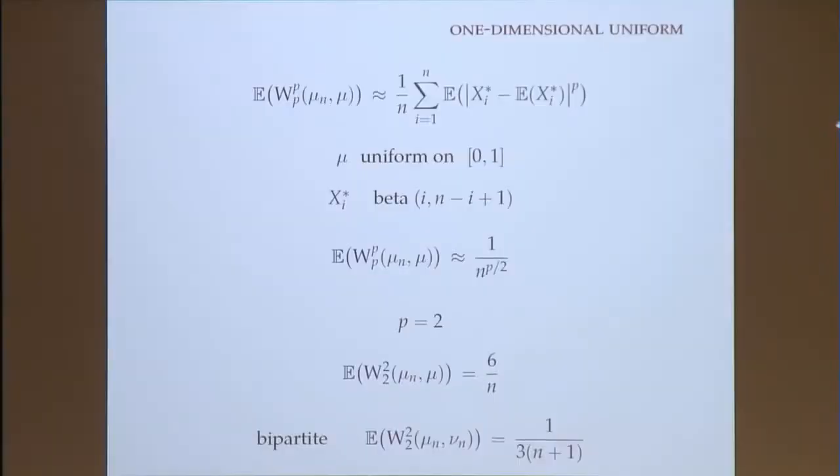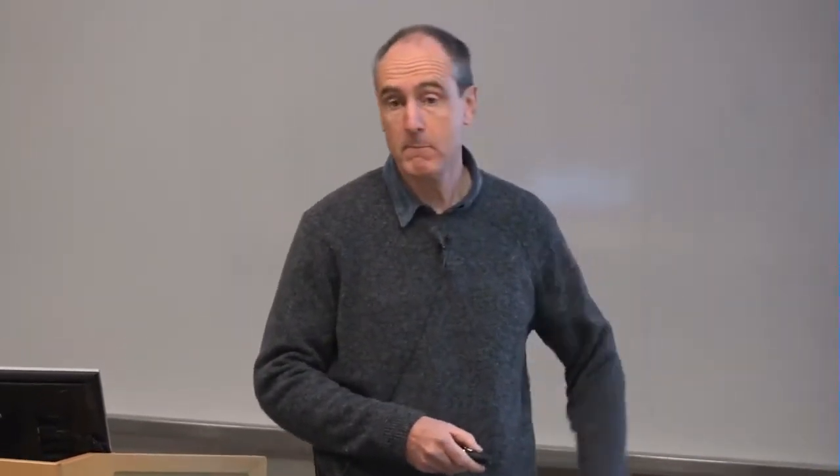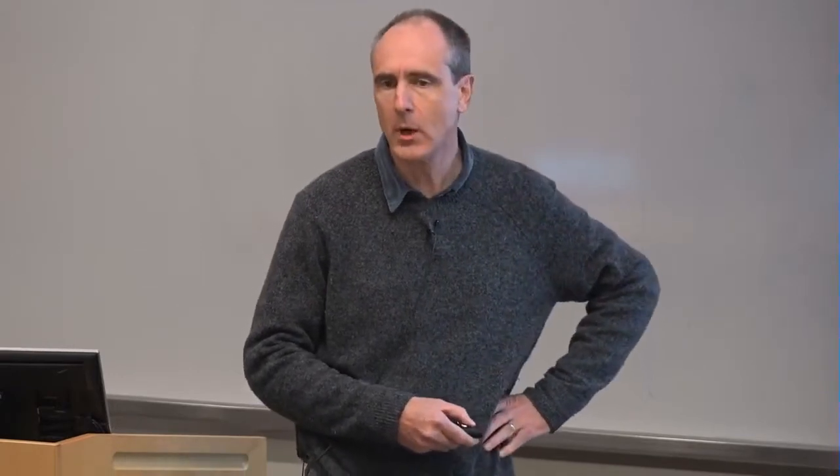When p is equal to 2, you can actually do a very precise computation. So the expected rate of W2 is 6 over n, and for the bipartite case, when you have two independent samples, mu_n and mu_n, you get this quantity. So for W2, the standard rate is of the order 1 over n.